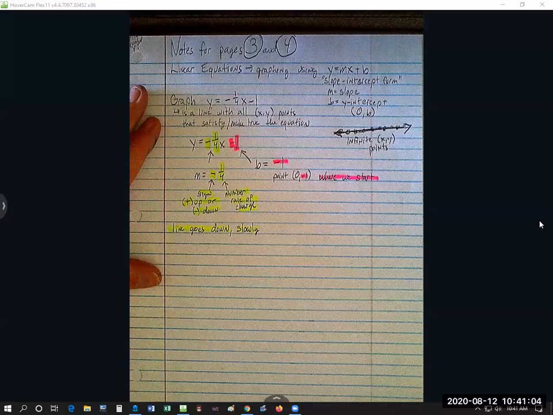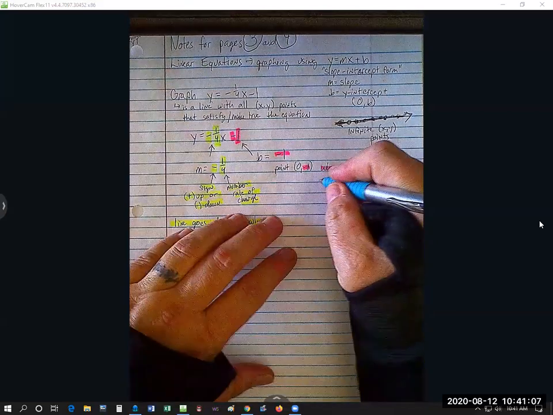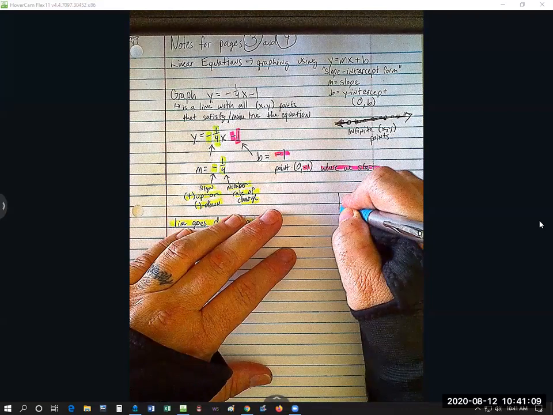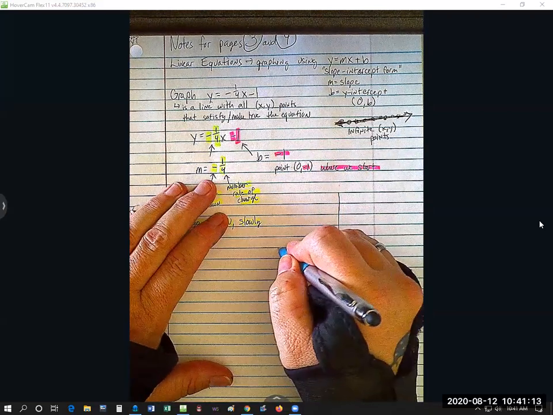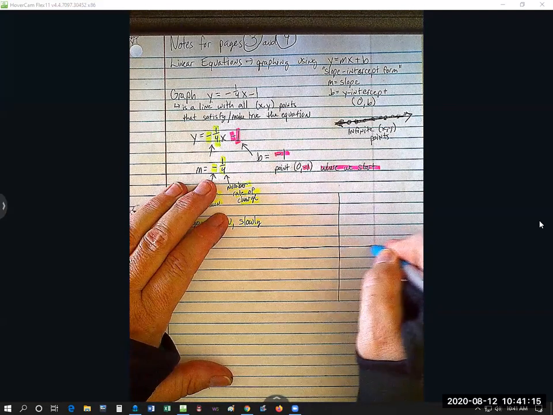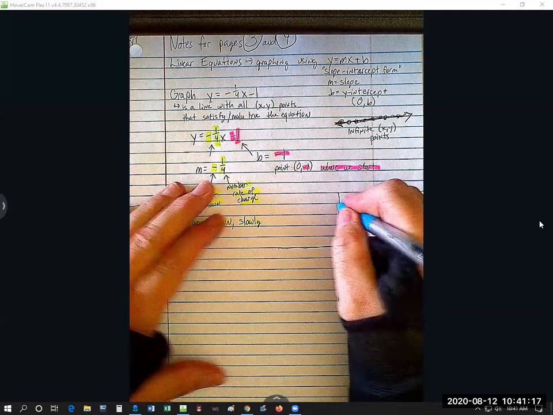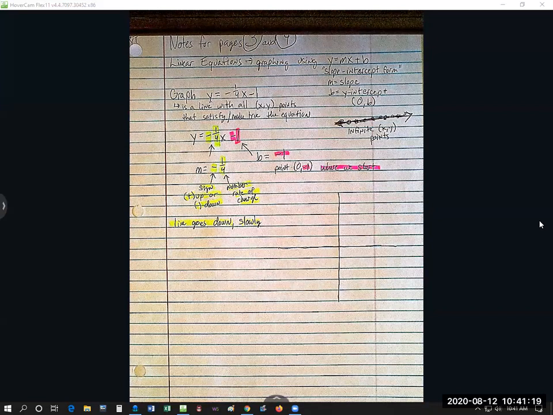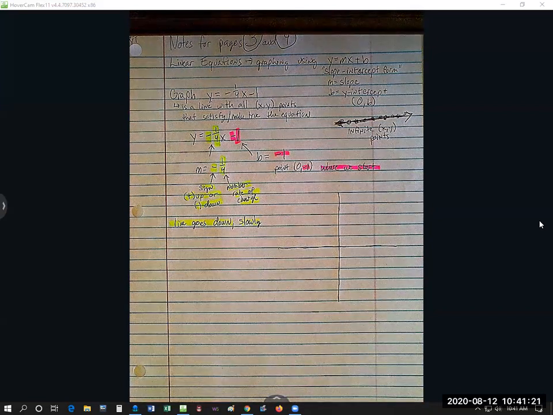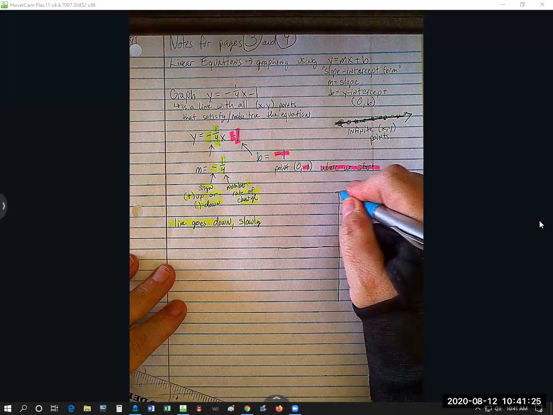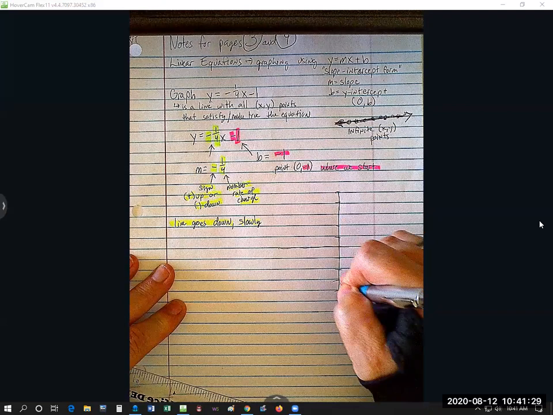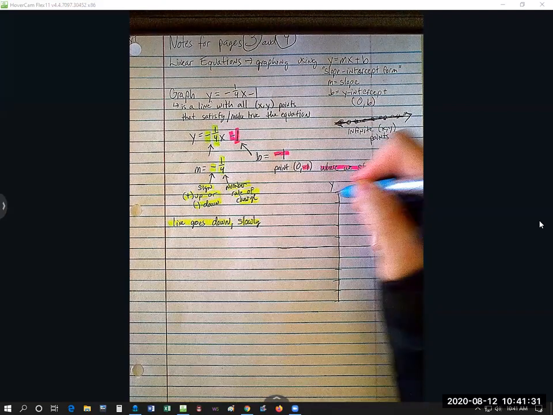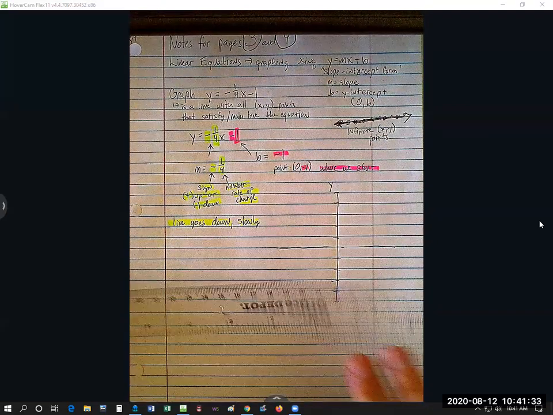Let me scoot that up a little bit. And I would recommend graph paper, but you know, this is fine. It would be a good idea to use a ruler to make all of the spaces equal. Because, you've got these blue lines here to use, that's fine. And we can use that to label the y-axis, but it's really important to try to make the lines as uniform as possible.